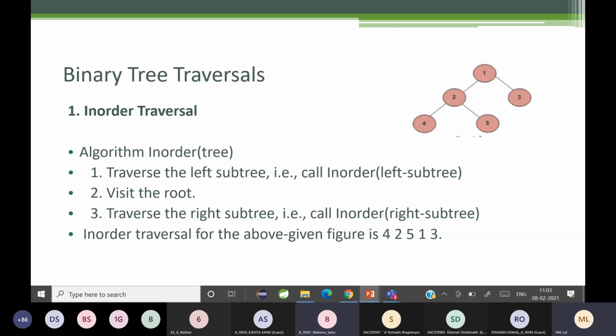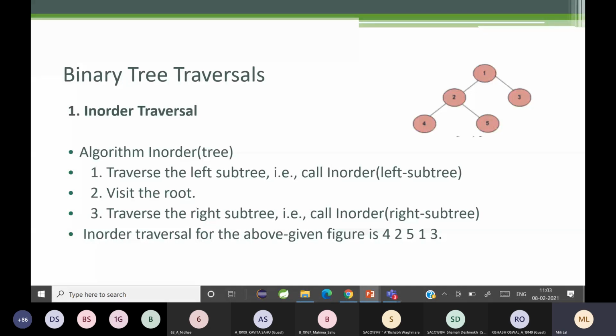The subtree is 2, 4 and 5, right? And in it, which is the left node? 2. You take the subtree 2, 4 and 5. Its left node is which? 4.